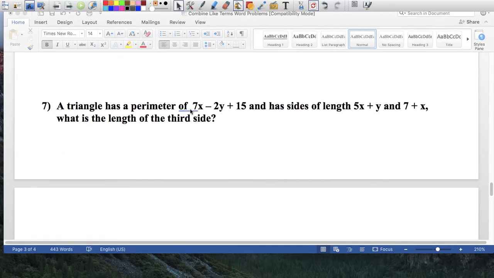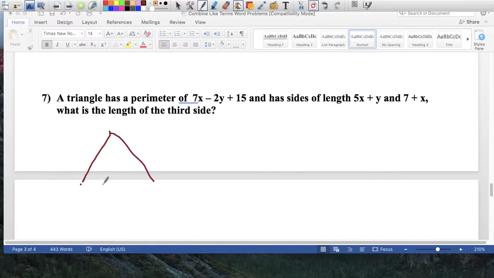Number 7, the triangle, is again the same idea, so it's always nice to draw the triangle. Let's call this 5x plus y, and let's call this 7 plus x, and this is the missing side, or it could have been any other.